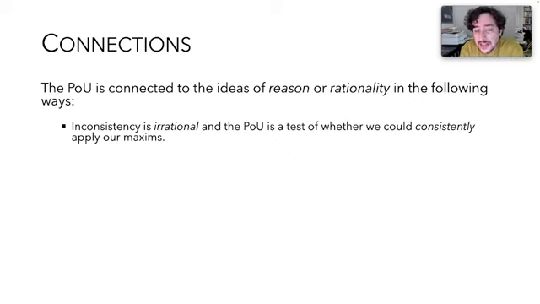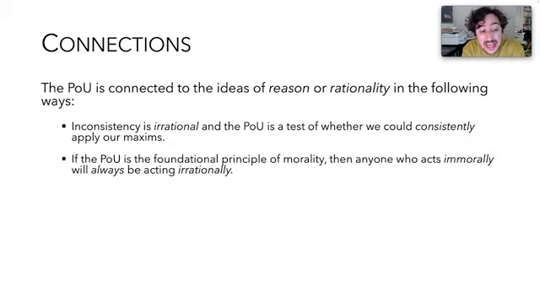But similarly, we can be inconsistent in the maxims guiding our actions. And that's exactly what the principle of universalizability is attempting to test. So if this principle of universalizability is testing for the consistency of our principles and maxims, and that is a foundation of morality, then that would imply that anybody who acts immorally will always be acting irrationally.